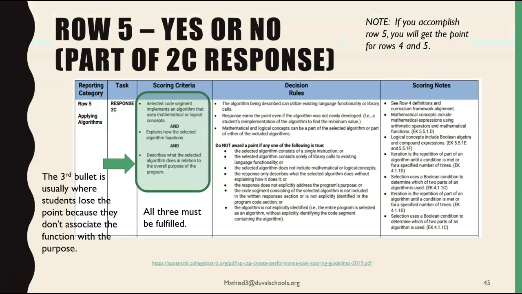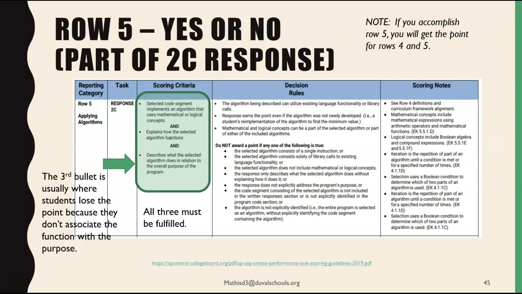All right, so row 5, you're going to select the code segment that implements an algorithm that uses mathematical or logical concepts, okay? And you're going to explain how the selected algorithm functions, and you're going to describe what the selected algorithm does in relation to the overall purpose of the program.